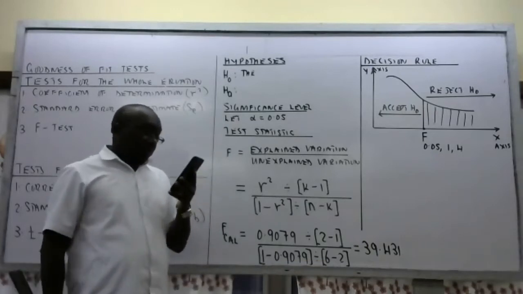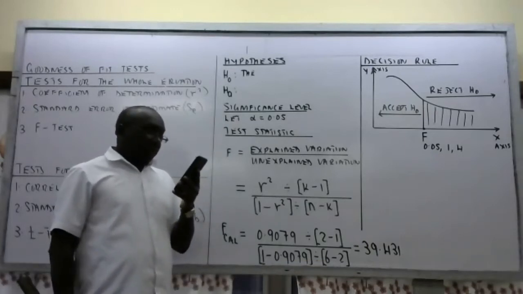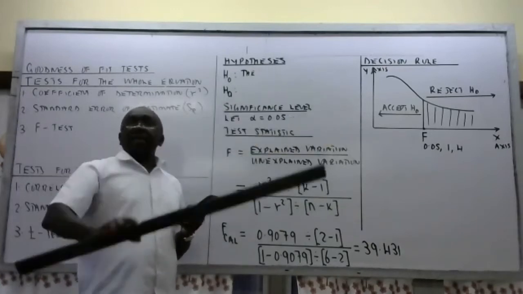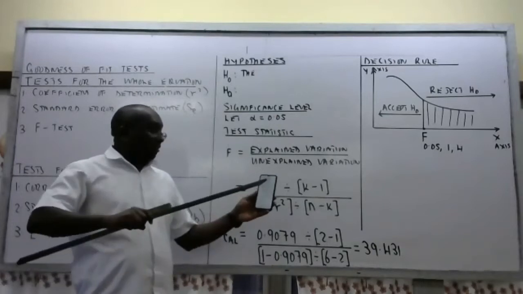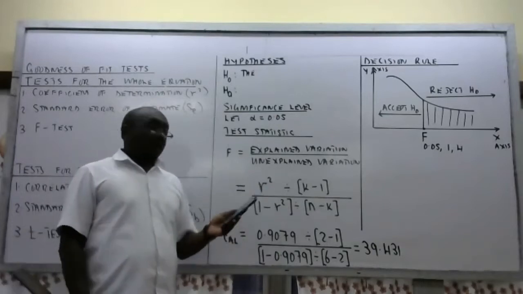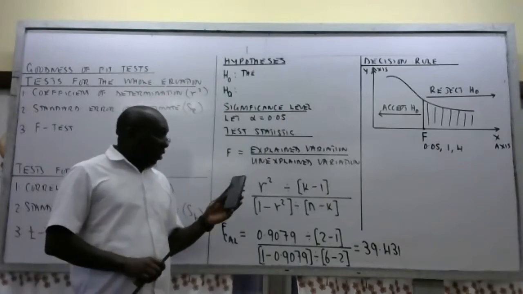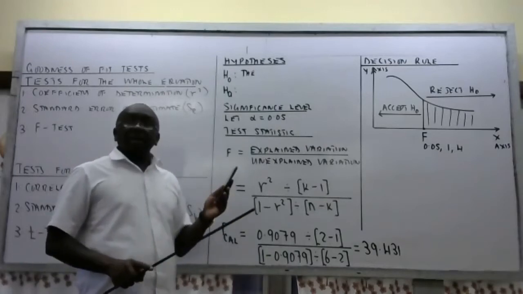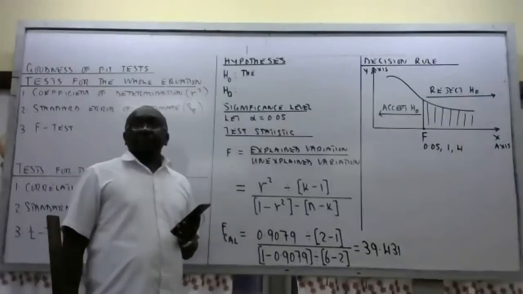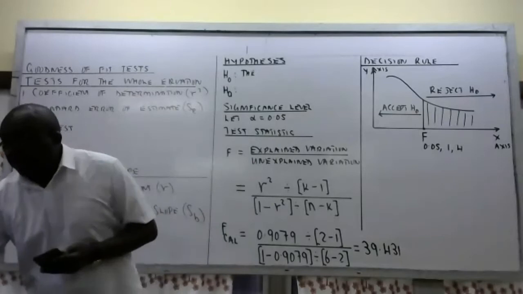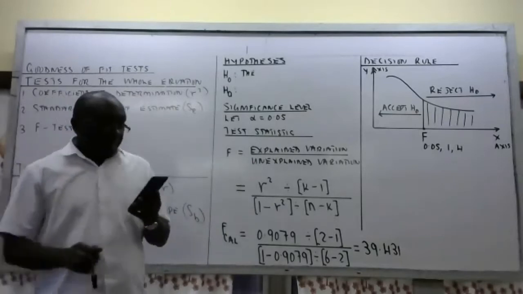Now on that table, the ones in the title of the columns, those at the top, are your numerator. And those running downwards are the denominators. So you will therefore go to column number 1 and row number 4.